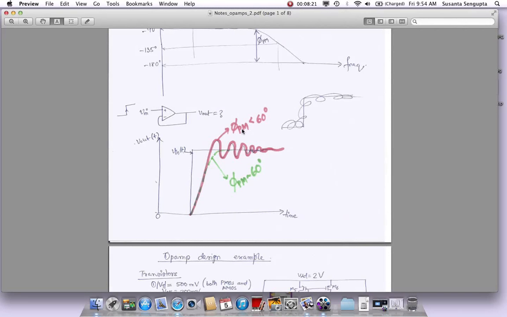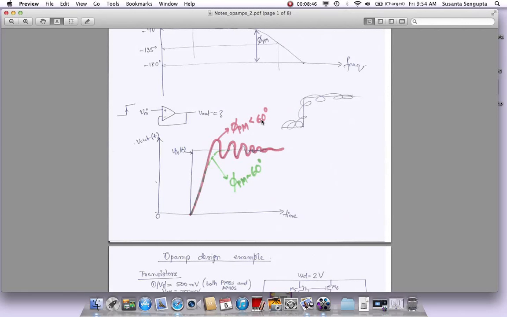If the phase margin is less than 60 degrees, which is what we call underdamped systems, which tend to be more unstable, then you would go up and oscillate a few times and then settle down. You will still settle down, but you would oscillate a few times first. The number of ringings is related to the phase margin.